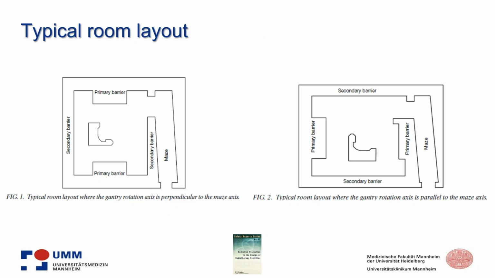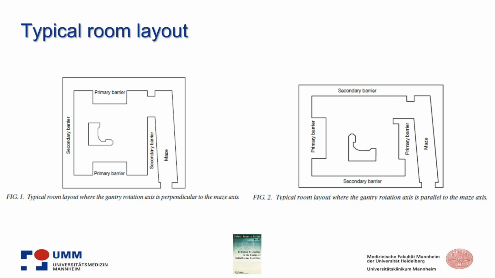These are typical room layouts, and from the radiation protection point of view, we are talking about primary barriers. These primary barriers are areas where the primary beam hits the walls, and you see the primary barriers are always the thickest part in the room design, and mainly these primary barriers are carried out with high density concrete.